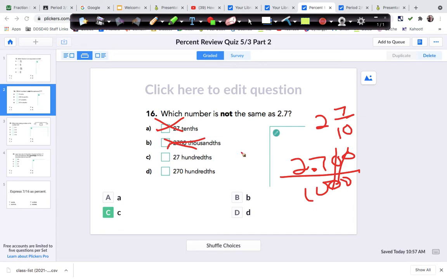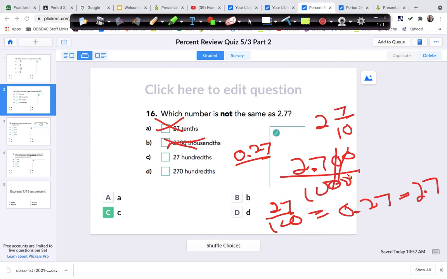27 hundredths looks like this, 27 over 100, or 27 hundredths. Does not equal 2.7. I think that we need to come up with a way for people who are not understanding this idea to have access to it, to understand it.